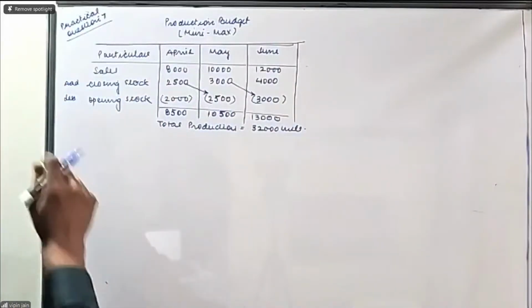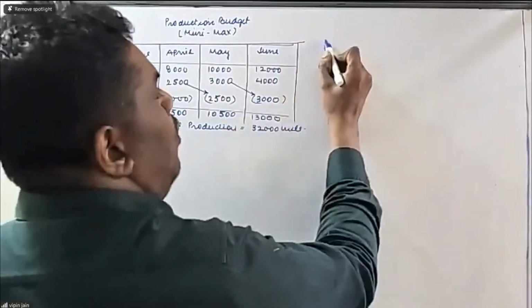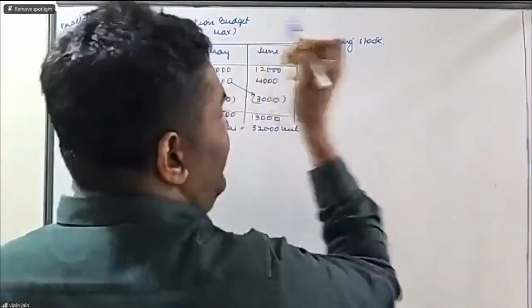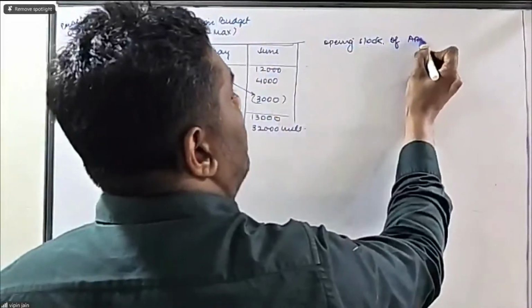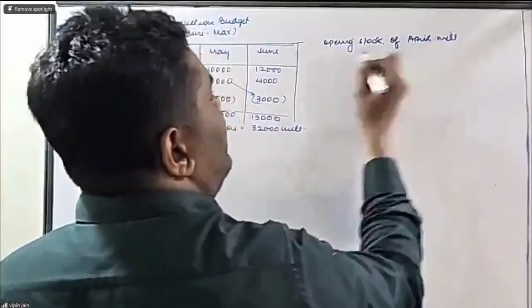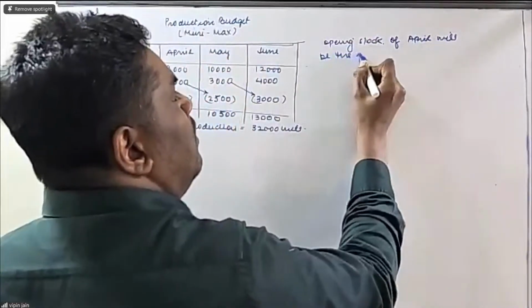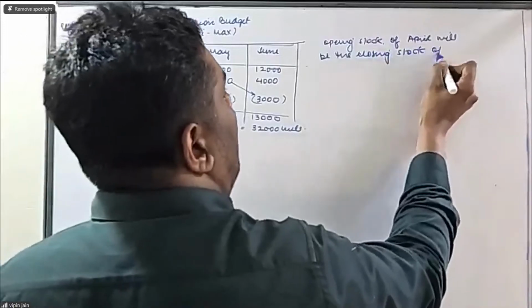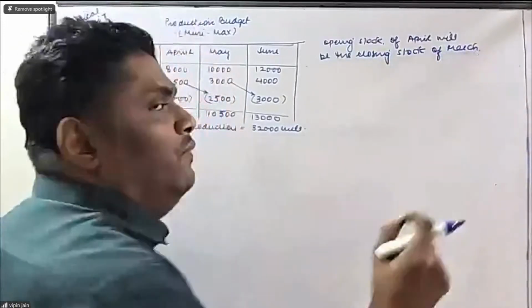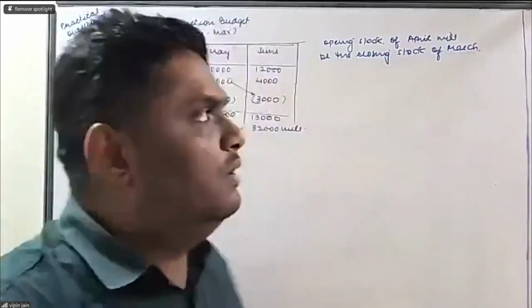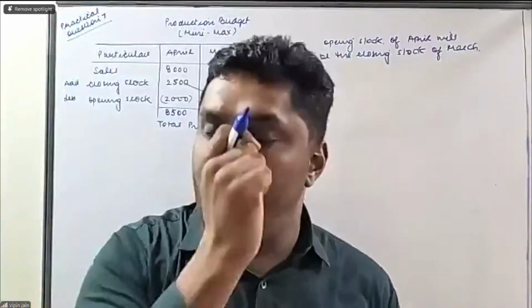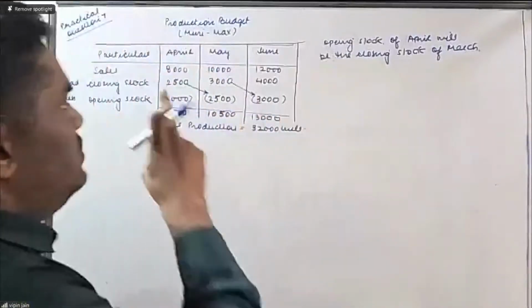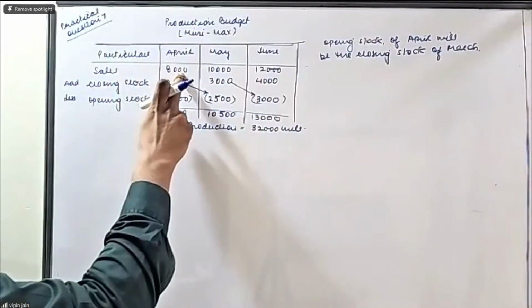So see, Sarthak, very simple. Opening stock of April, I'm writing also for your reference, will be the closing stock of March. And what will be the closing stock of March? 25% of the succeeding month's sale. Succeeding month means April.